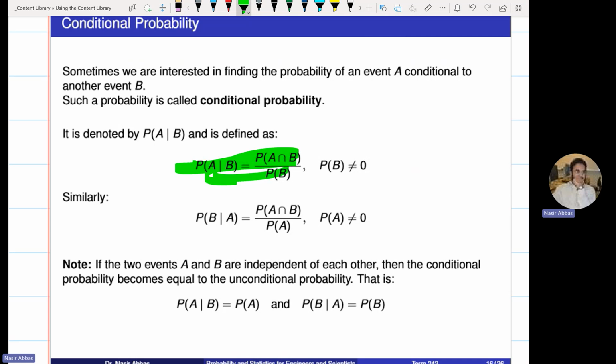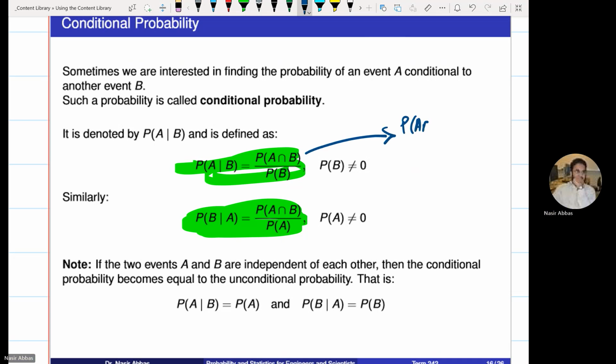This one and this one. And solve these two equations for A intersection B. What do you get? From the first equation, what is probability of A intersection B?